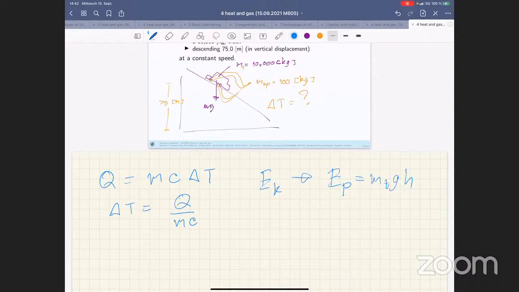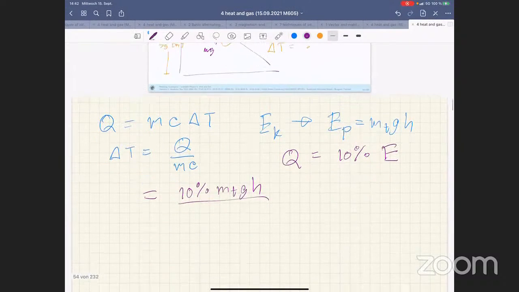But they said Q is 10% of the energy, so it's 10% of the potential energy. So it's going to be 10% of the mass of the truck, g and h, divided by the mass of the brake pad and the specific heat capacity of the brake pad. And that's it.